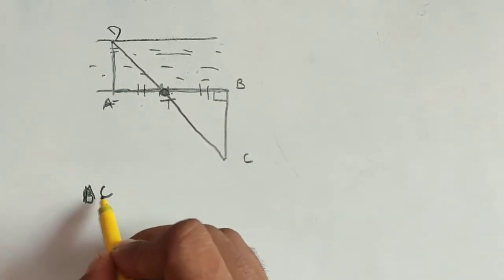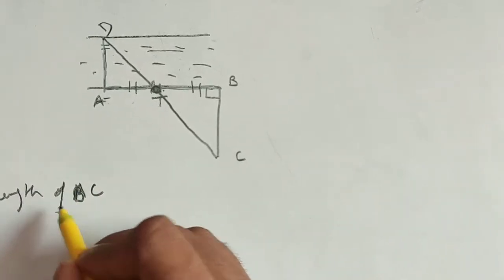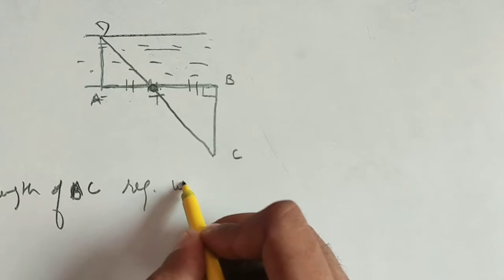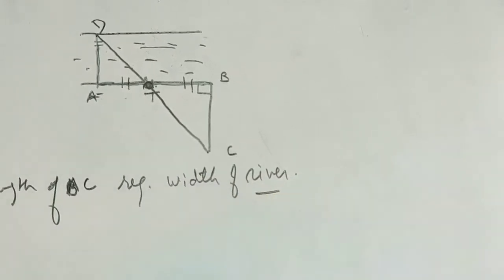Now we can clearly see that the length of BC will be the required width of the river.